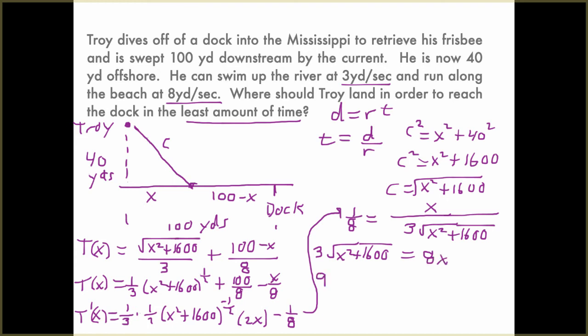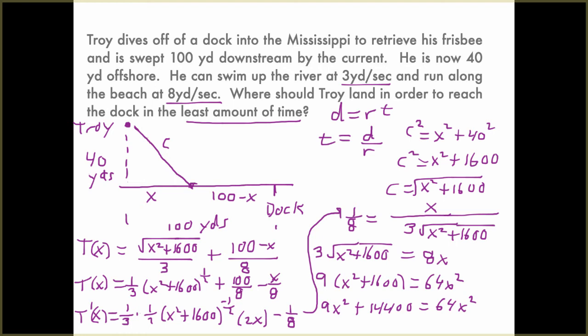We get 9 times (x squared plus 1600) equals 64x squared. Going to multiply in. We get 9x squared plus 14,400 equals 64x squared.